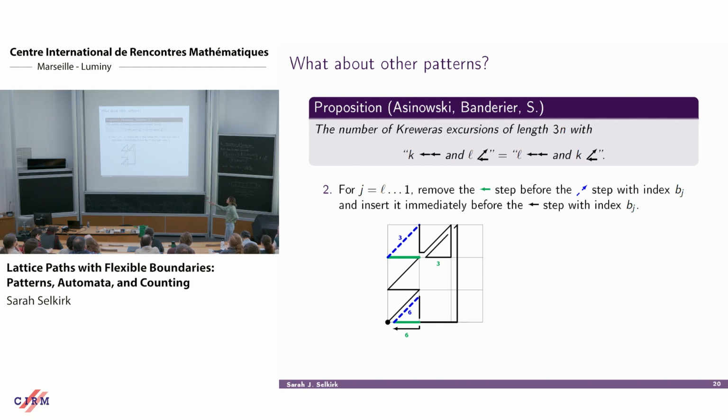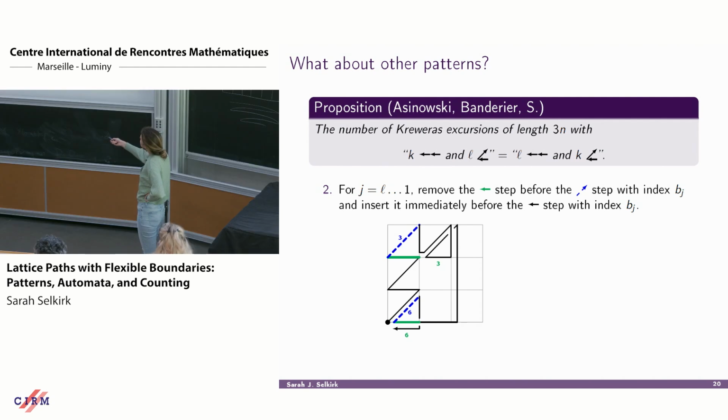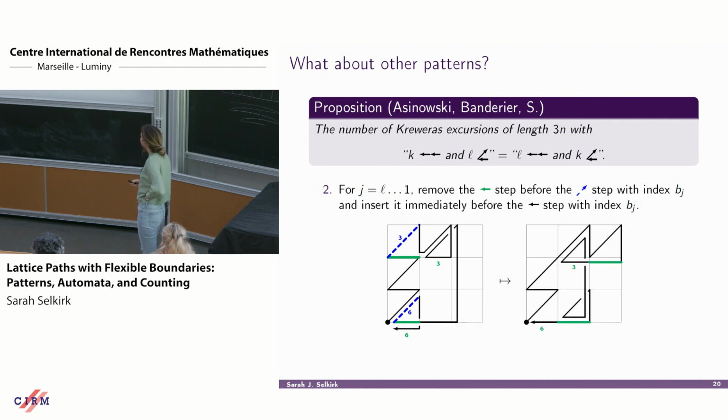We remove the west step that's just before it, and then we insert it before the other west step with the exact same index. So in this case, this west step gets put before the sixth one. This west step gets put before the third one because it corresponds to the indices.